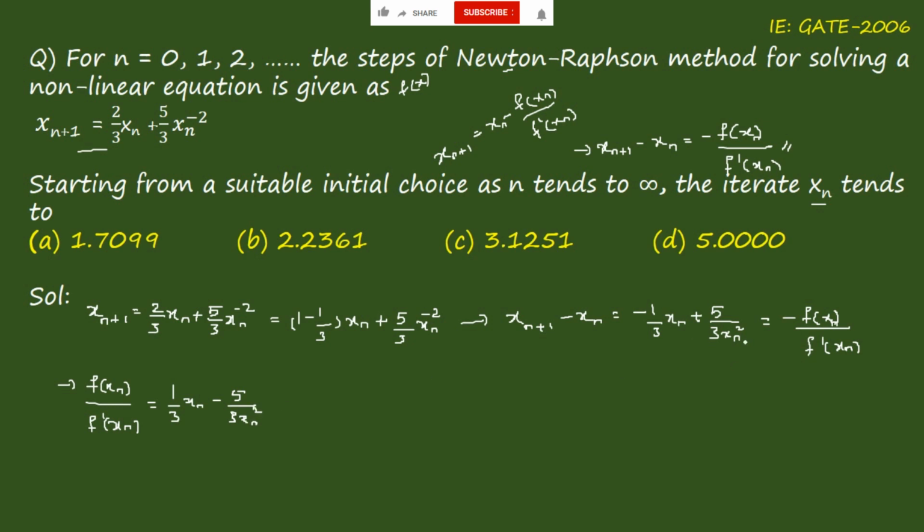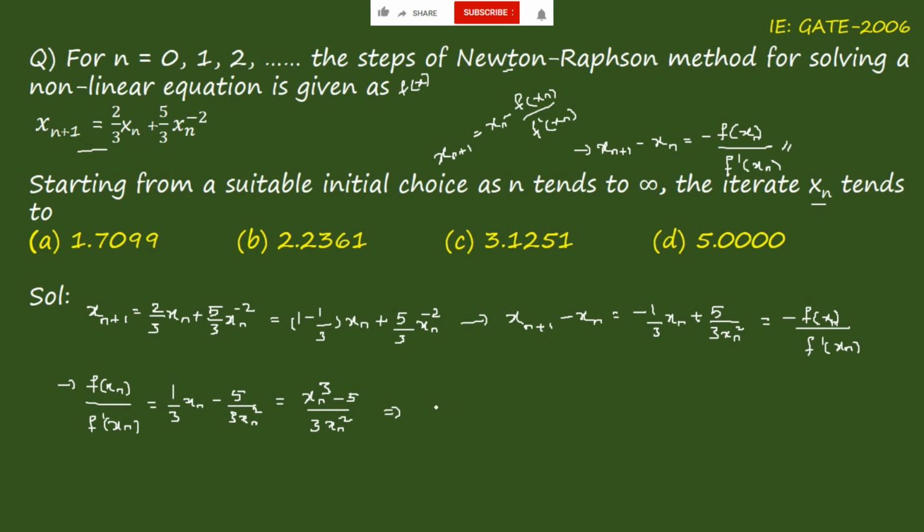As a minus would be coming into the picture. Then which is equal to x of n cube minus 5 by 3 into x of n square, right? If f of x of n is equal to x of n cube minus 5, then f dash of x of n will be 3 into x of n square, right?